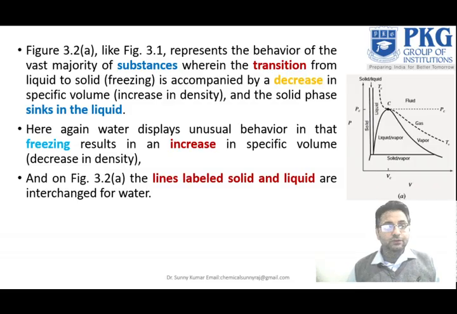This is the unusual behavior of water; generally density increases for other substances, but in the case of water it decreases. And on figure 3.2, the line labeled solid-liquid is interchanged for water.